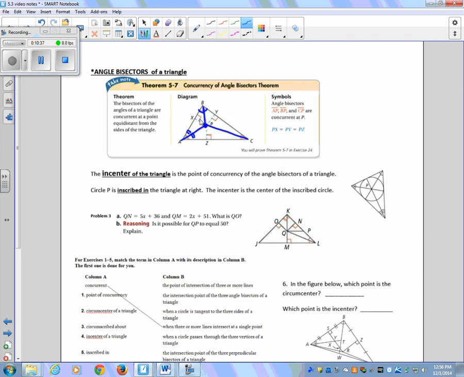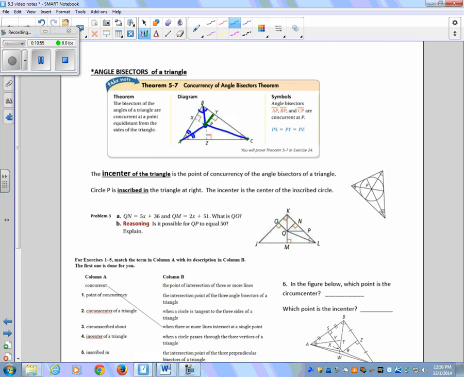And that point is the point of concurrency of the angle bisectors. Now, this one is not equidistant from the vertices, but it's equidistant from the sides.